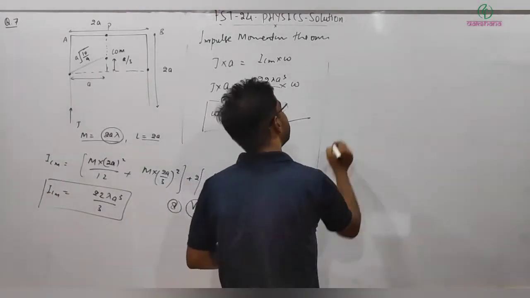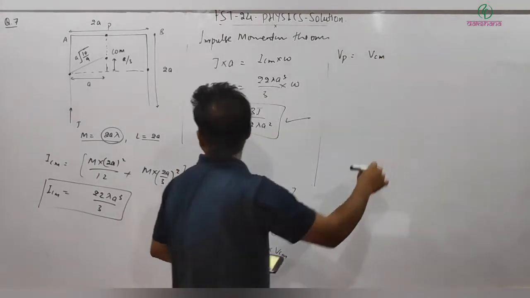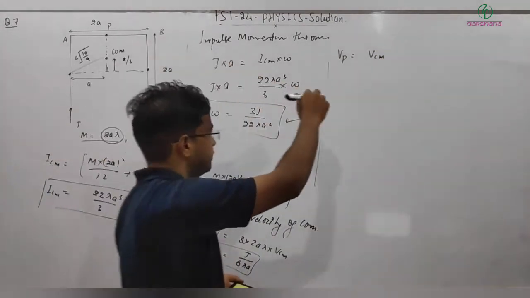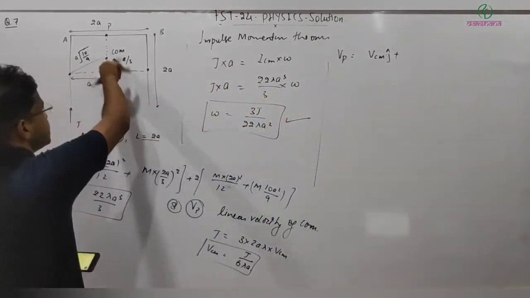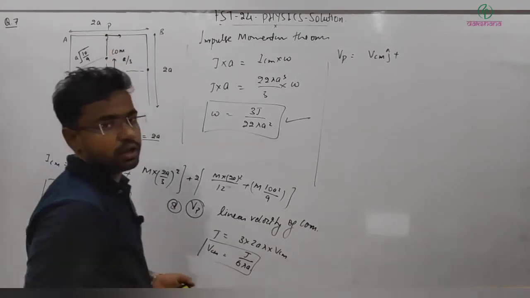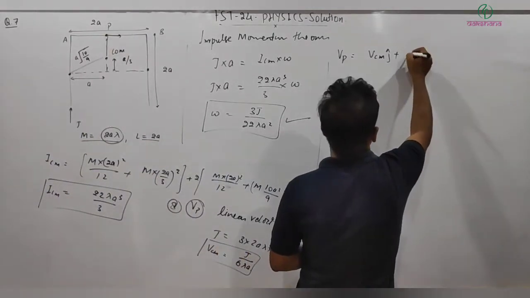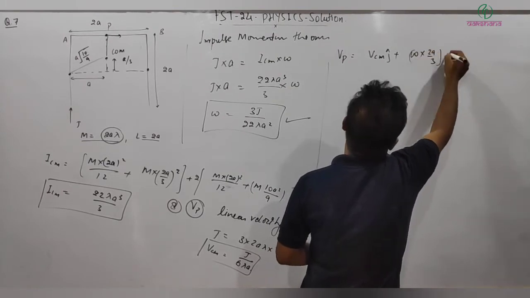Then V_P is equal to V_CM, in the vertically upward direction, so J cap, plus the angular velocity in this direction, R, basically this distance, multiplied by omega, so omega into 2a by 3, this will be I cap.